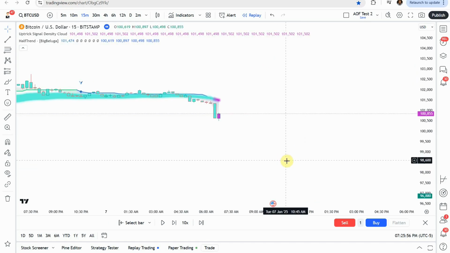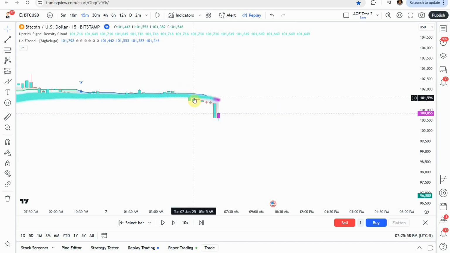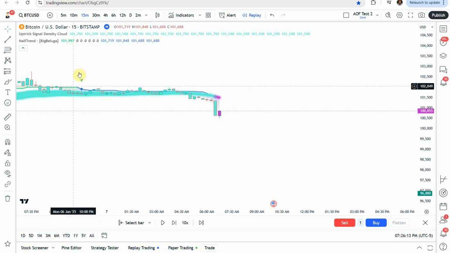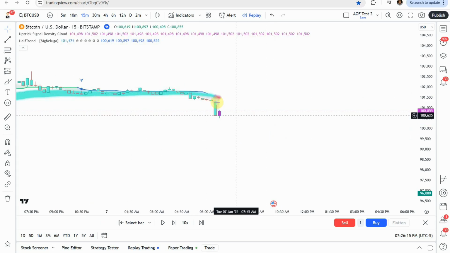And for a short trade, what we are looking for is when the density cloud switches from the teal bluish color to the purple color like it does here. And again, it changes the coloration of the candle when it does so. And when it makes that shift, what we want is the half trend line to be blue.